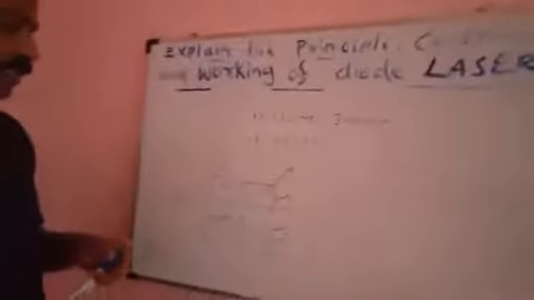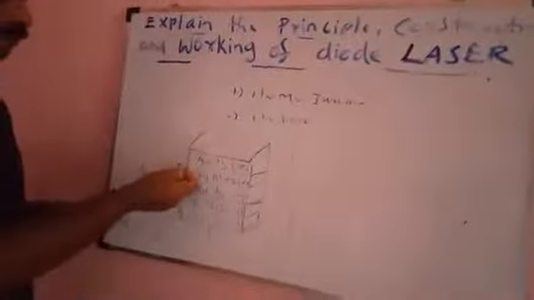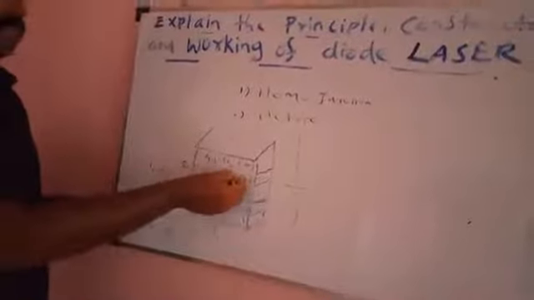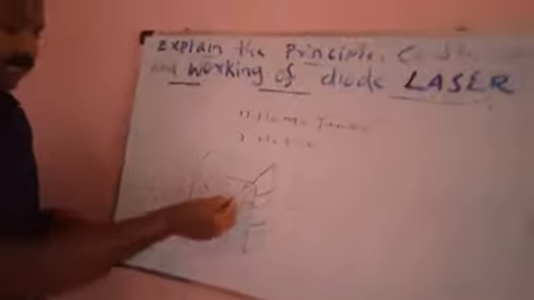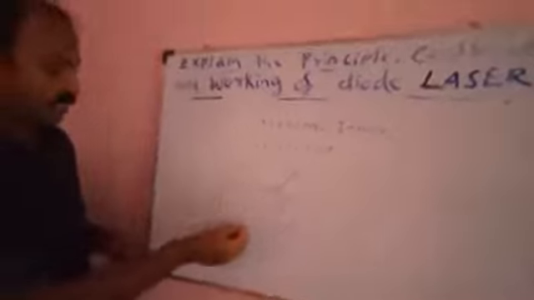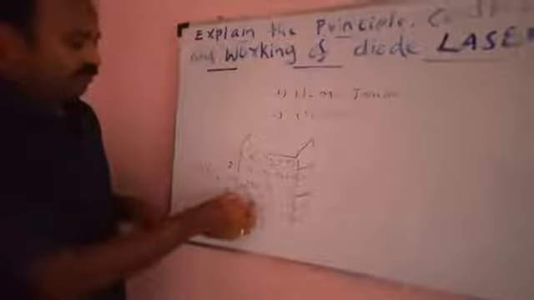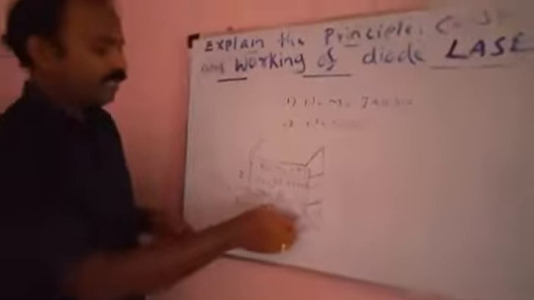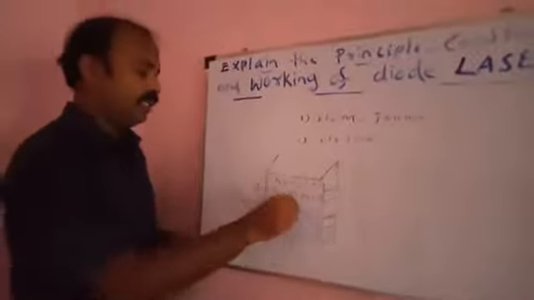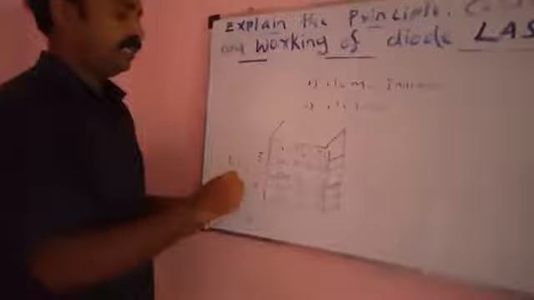The working is very simple. From the second layer, positive holes enter the third region, and from the fourth layer, negative electrons enter the active region, that is the third region.